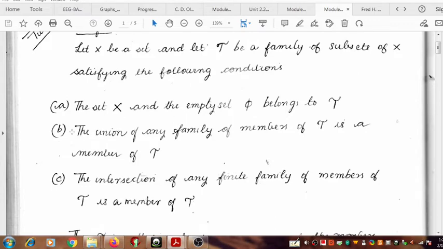The second condition to be verified is whether the union of any members of tau, members of the family, is also in the family.